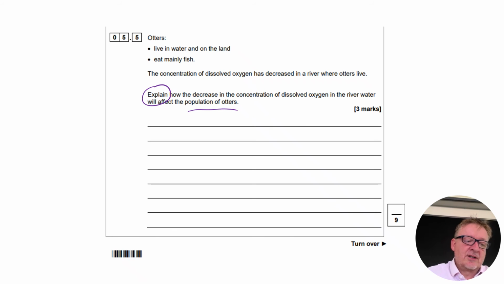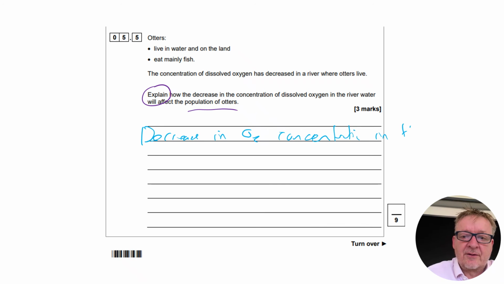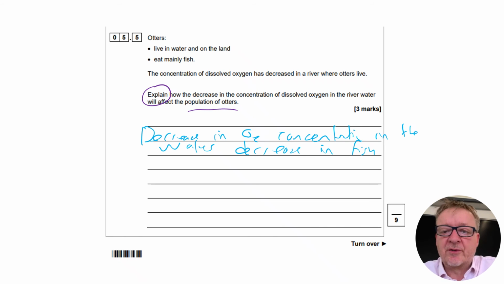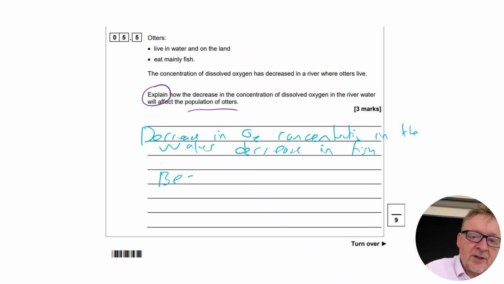Okay, so what we've got is a decrease in oxygen concentrations in the water, which will cause a decrease in fish, because the fish can't jump out of the water and breathe the air. And that is because fish need oxygen to respire.